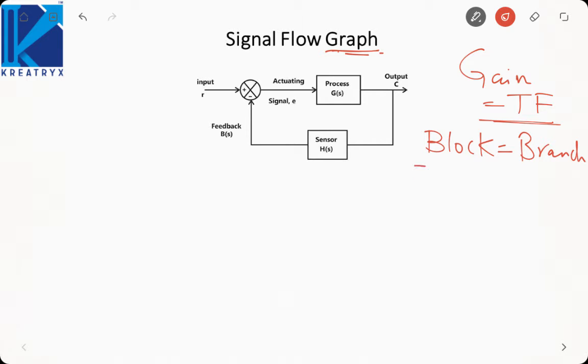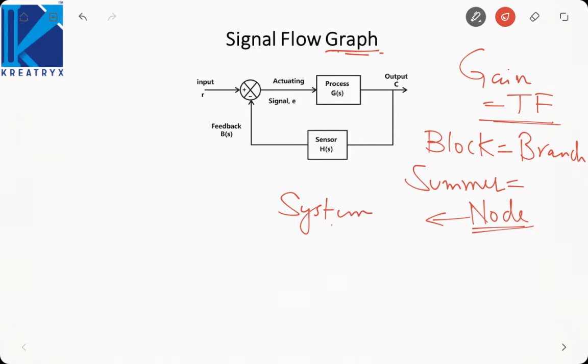And the summing points or summers are usually replaced by nodes. Each node in a signal flow graph corresponds to a summer in the block diagram, or each node basically represents a system variable. Each node is represented by a system variable.